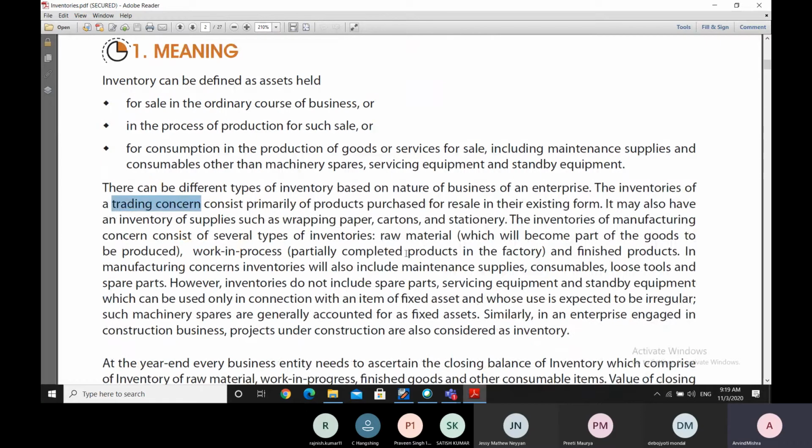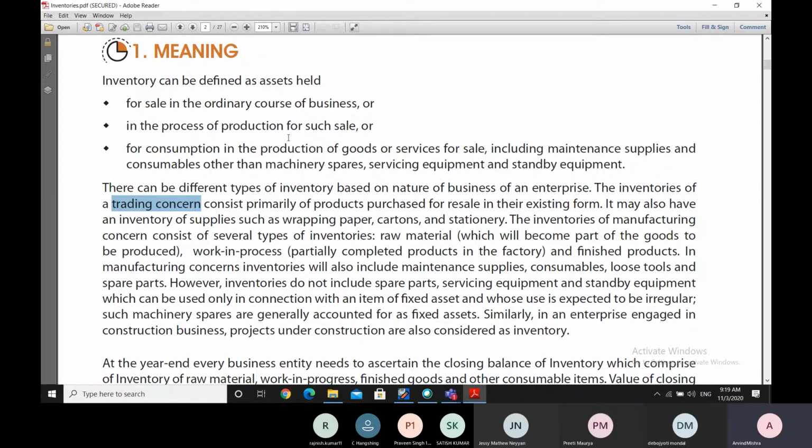Now let us understand what inventory is all about. Inventory can be defined as those assets which are either held for sale in the business, just like the trading concern, or those assets which are in the process of production for sale, and those assets which are held for consumption in the production of goods or services for sale.